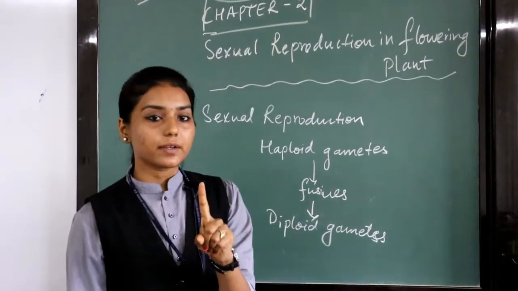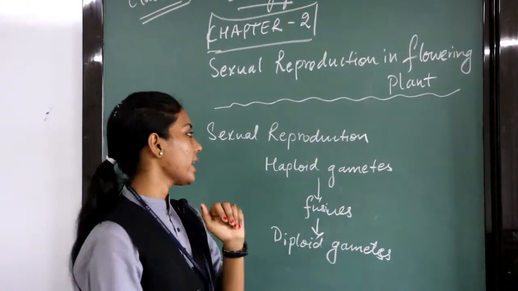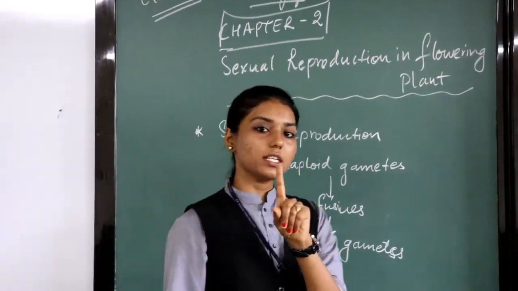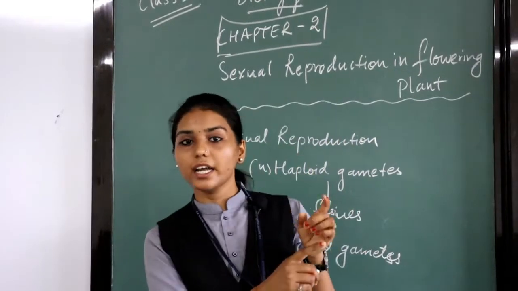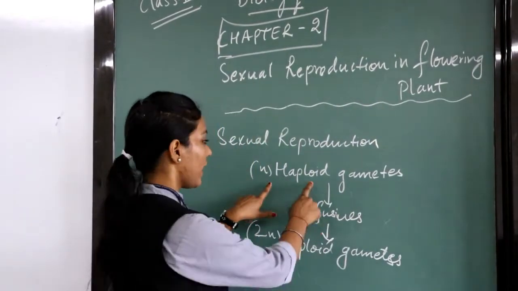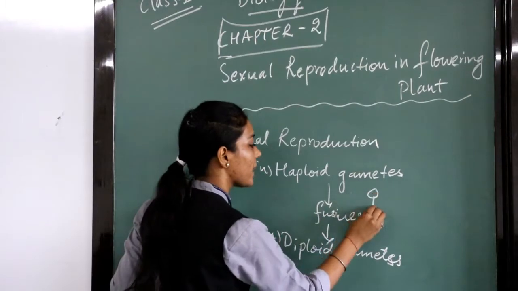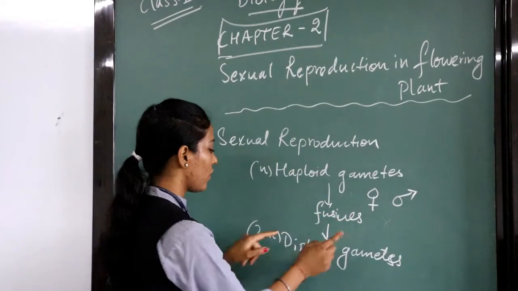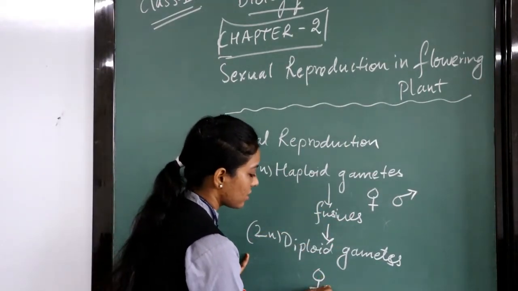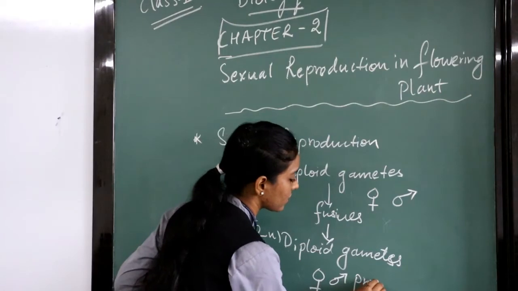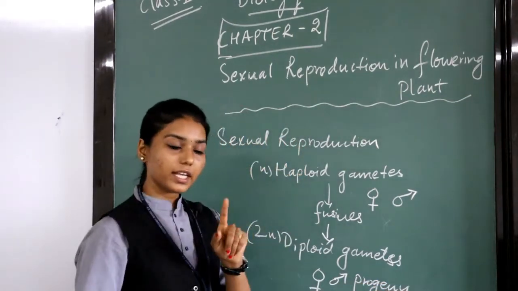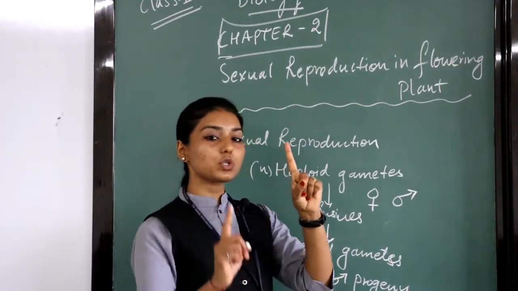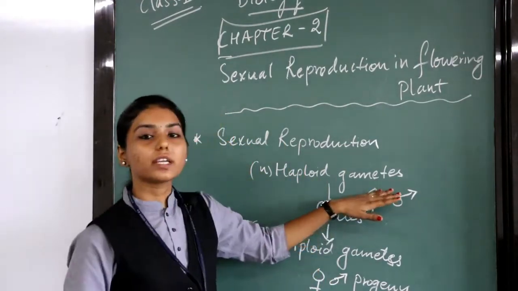Haploid means N, diploid means 2N. So a single haploid male gamete and a female gamete, when these two fuse to form a diploid progeny, then it is called what?